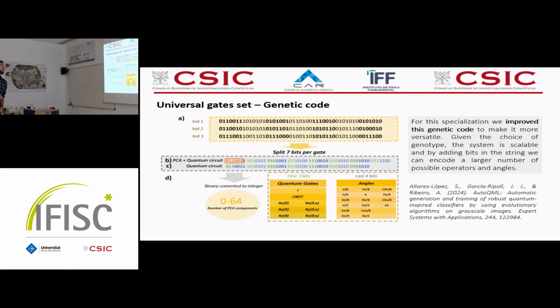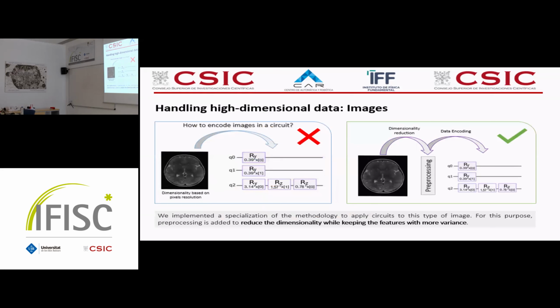And we also added more angles, with 4 bits. So how can we do this? It looks difficult. So we were thinking about a preprocessing step before the encoding of the variables in the circuit.